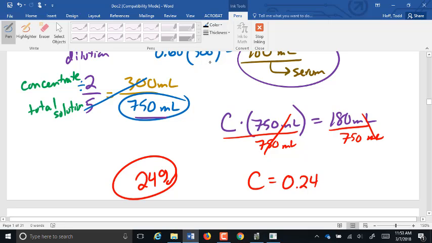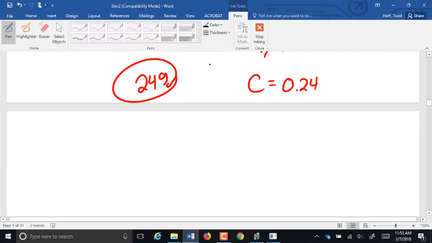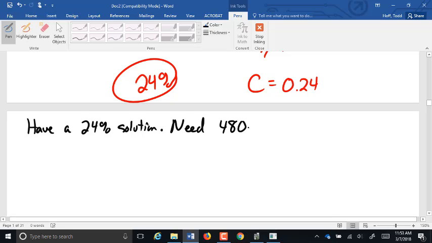And we can do a similar calculation with this. We have a 24% solution. We need, let's say we need 480 milliliters of a 6% solution.